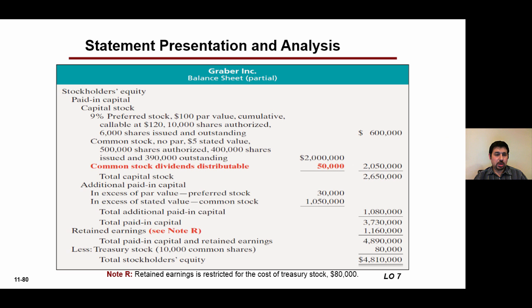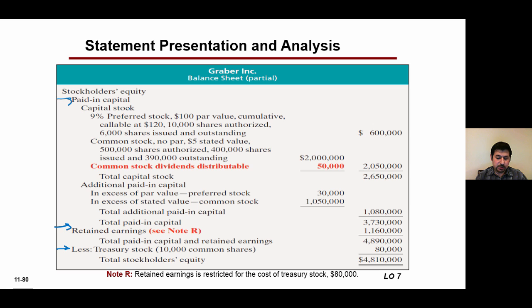And this is how the stockholders' equity section of the balance sheet would look like. We have the two main sections, paid-in capital and retained earnings. And we also have less treasury stock, which is the contra stockholders' equity account, which will be deducted from stockholders' equity.